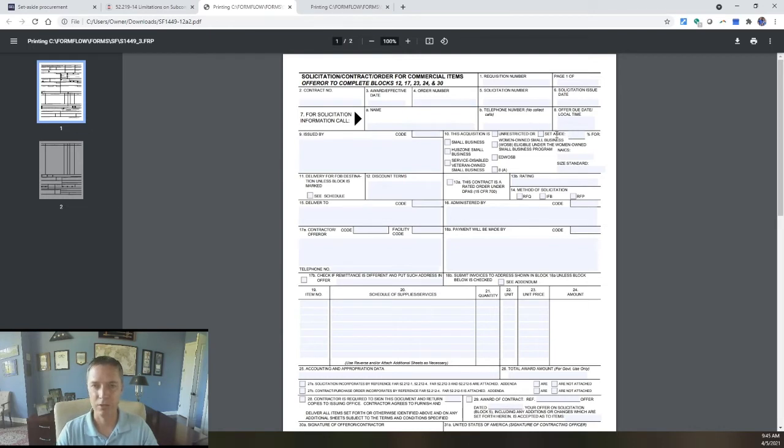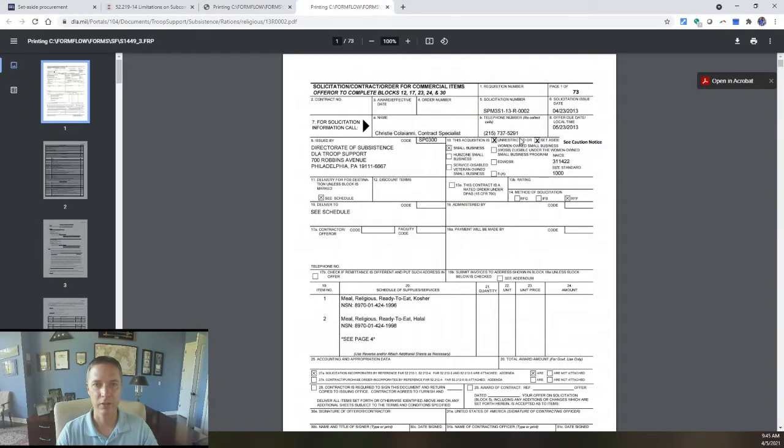However, if the contract is set aside in any of these categories down here, and again, set aside if this box is checked, then what that's going to look like is set aside. Actually, this was kind of a mistake here. It should have just been the set aside box checked here, and it was set aside for small business.